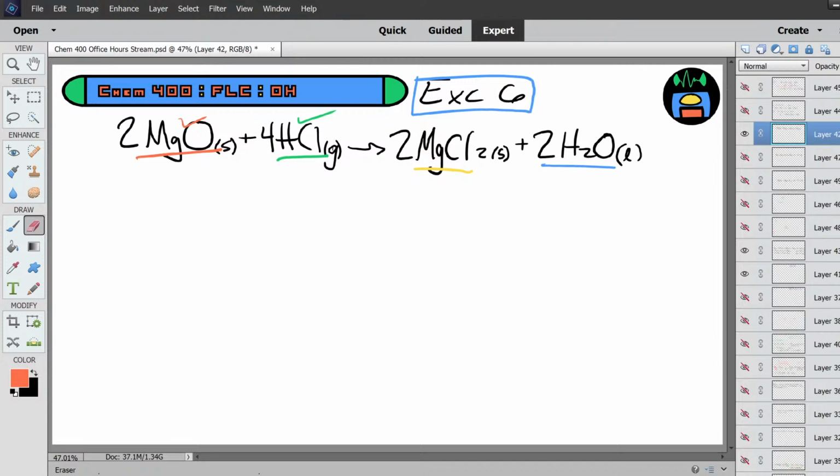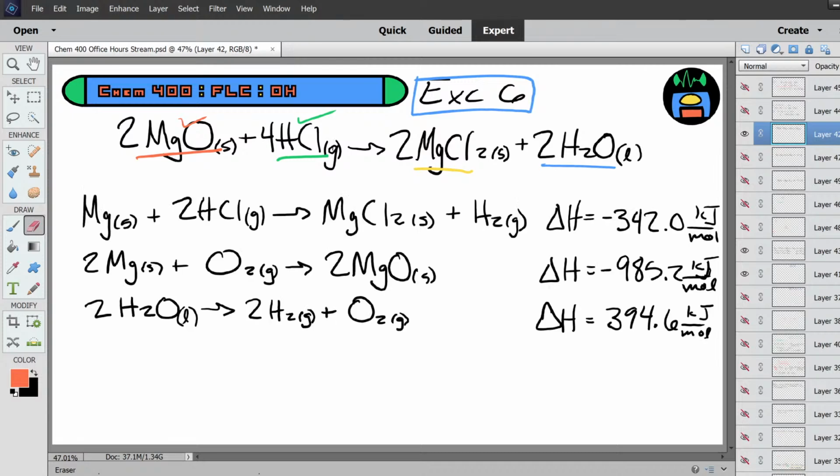All right, let's look. Now that we have magnesium, let's maybe figure out magnesium chloride. Magnesium chloride is, let's see, right here. And it's on the correct side. We want it as a product, but we only have 1 mole of magnesium chloride, and here we want 2 moles on the product side.